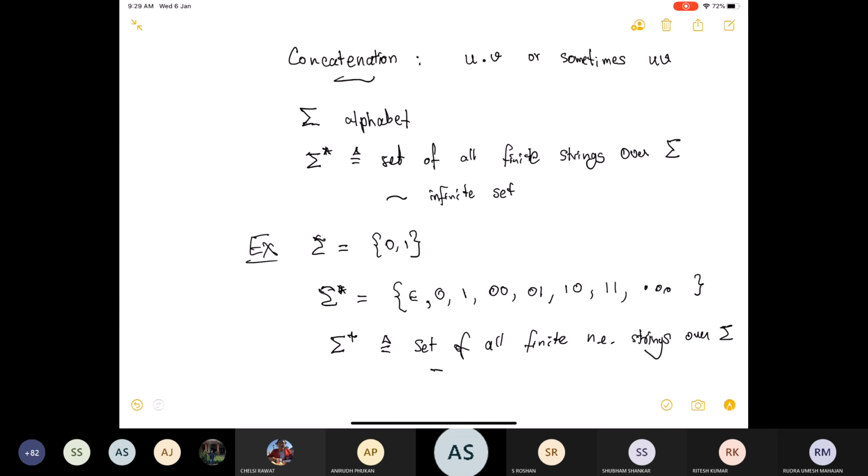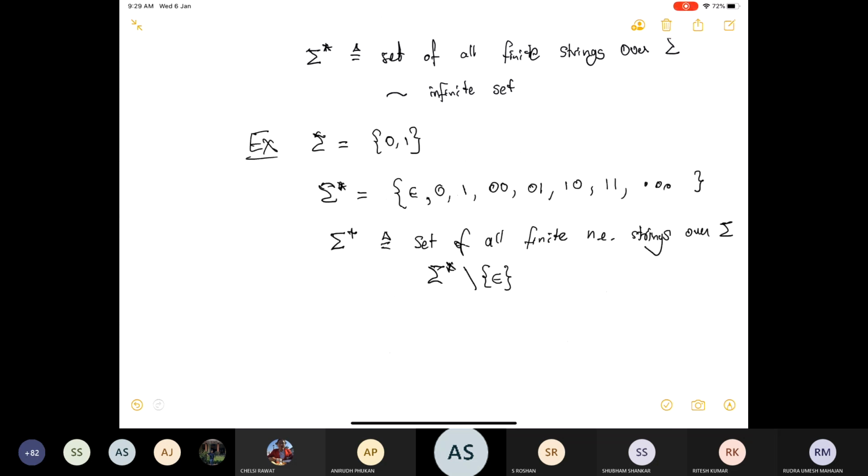That is, it is sigma star set difference the empty string. You just take away the empty string. If you drop the empty string from this set, what you get is sigma plus, the set of all finite non-empty strings over sigma.